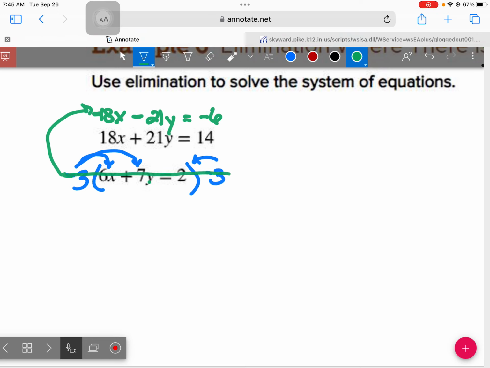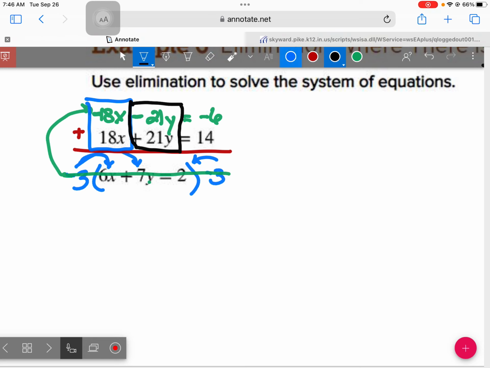And I'm going to cross that out because I know I'm now looking at these two. We're adding them. I always like to add. So now I actually see two places where I have opposites: negative 18x and 18x, and also negative 21y and positive 21y.